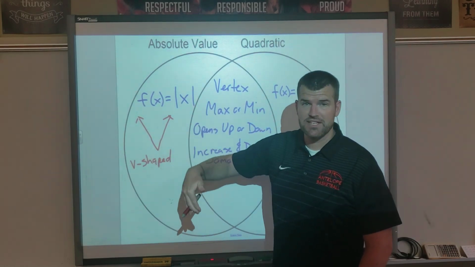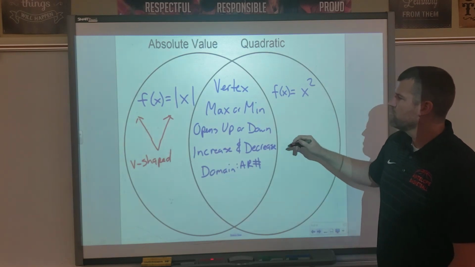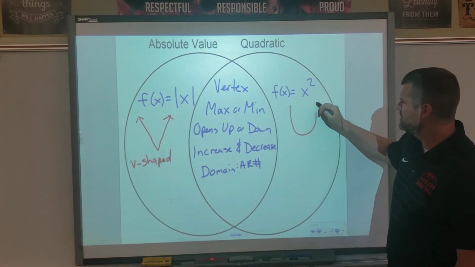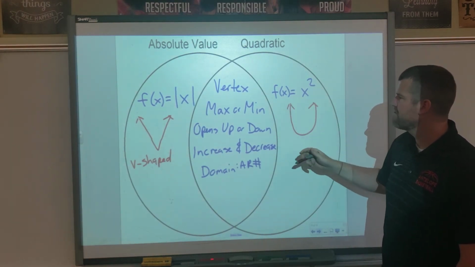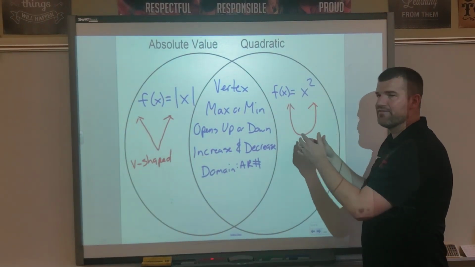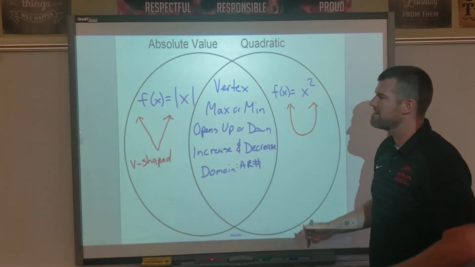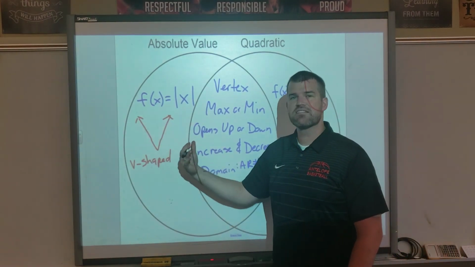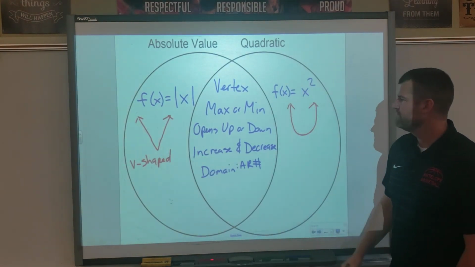Or we can flip it upside down, where a quadratic will be U-shaped. It's going to have curves. The slope of this graph is changing. No matter where you are on the graph, it's going to be a different slope than other places, whereas this one's going to maintain the same slope throughout the graph.